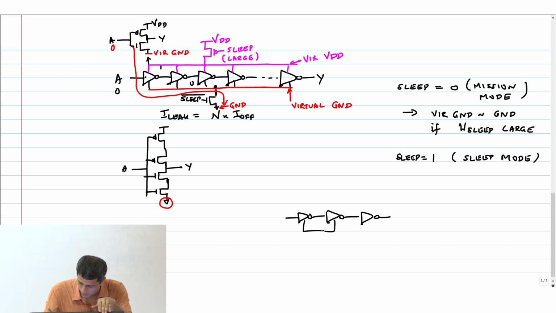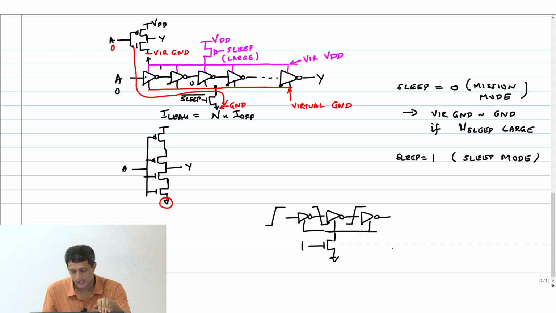I'm going to connect all these things through. So in mission mode, this is connected to 1, right? Let's assume that the input made a transition. This will now make a transition like this, then like this, right? So from every alternate inverter, you're going to have a discharge current. And this is on current, mind you, not off current. In the transient phase, this is an on current, and all that current has to flow through this.